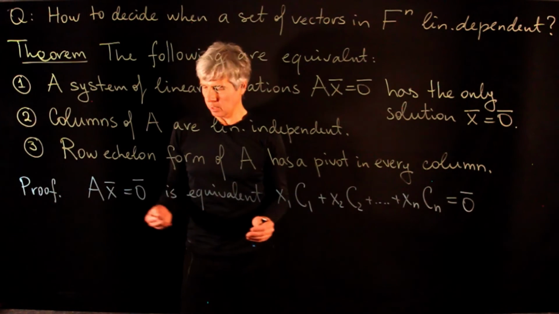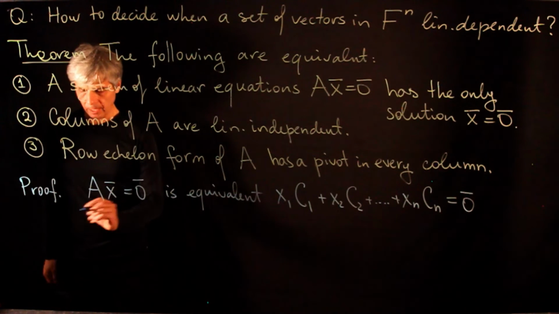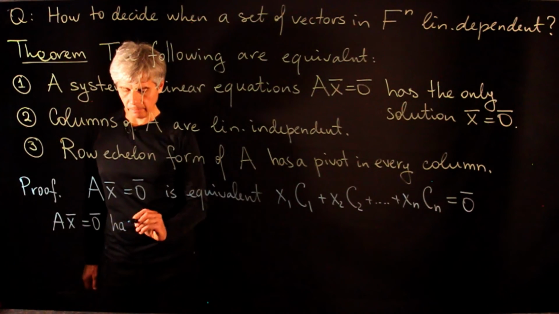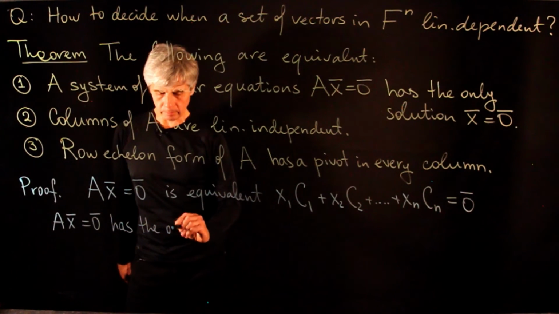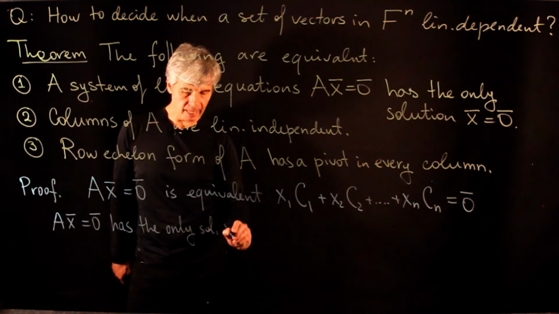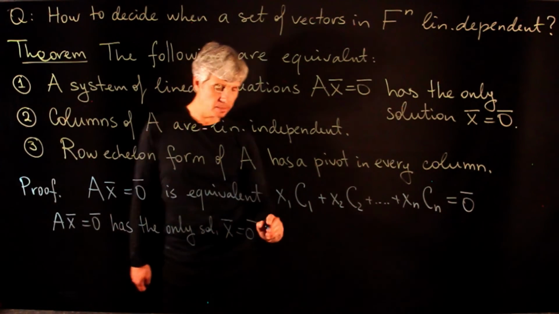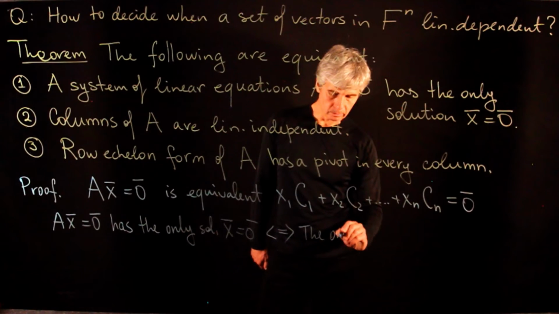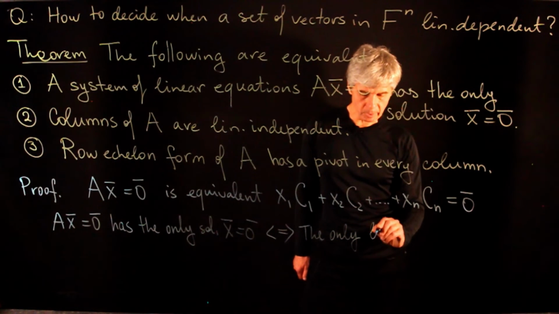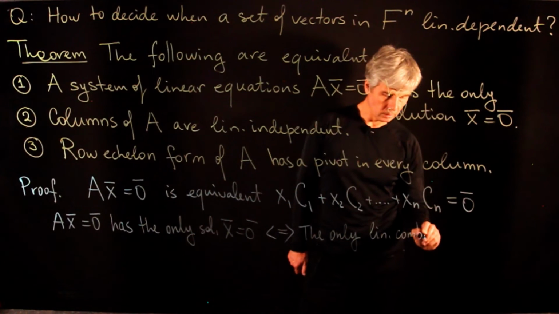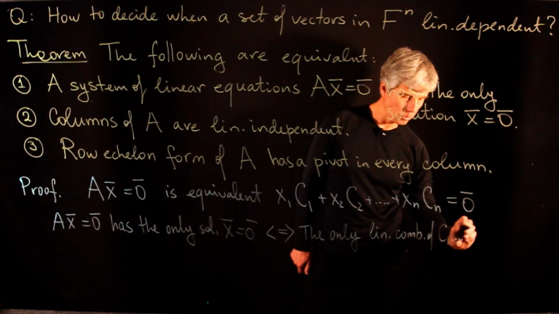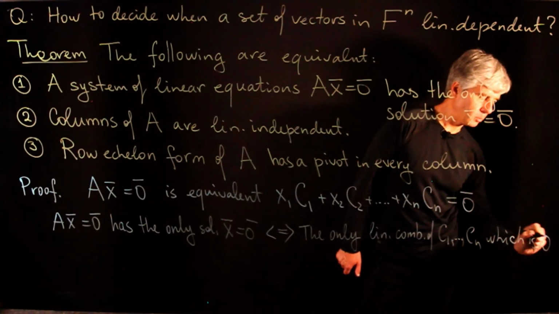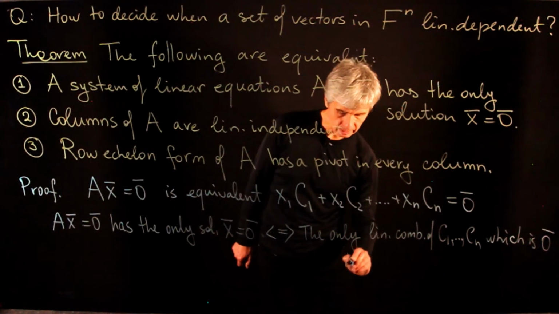But then what does it mean that Ax equals 0 has only the solution x equals 0? So we see that this is equivalent to saying that the only linear combination of the columns C1 through Cn which is equal to a 0 vector is trivial.